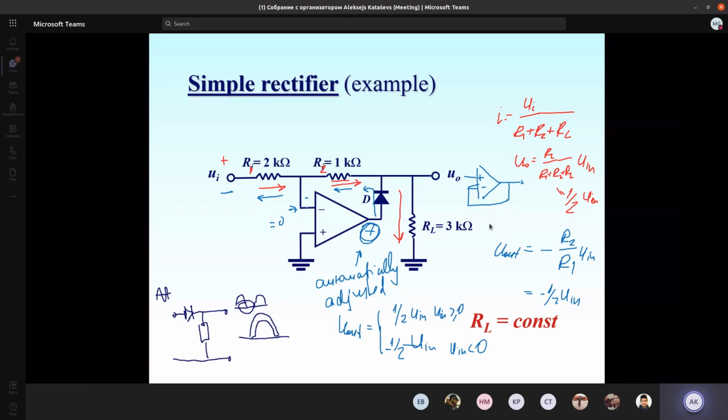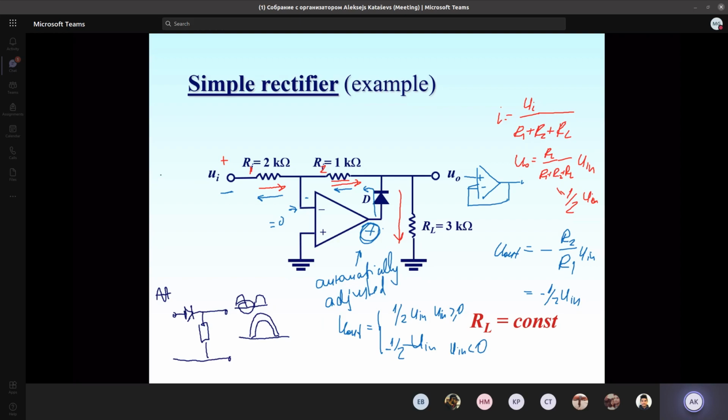But as the operational amplifier tries to keep this voltage equal to 0, it automatically raises the output voltage a little bit compared to the simple inverting amplifier, which doesn't have a diode here. It automatically increases the output voltage by the diode forward bias to compensate this drop and keep this voltage equal to 0. So it happens automatically.